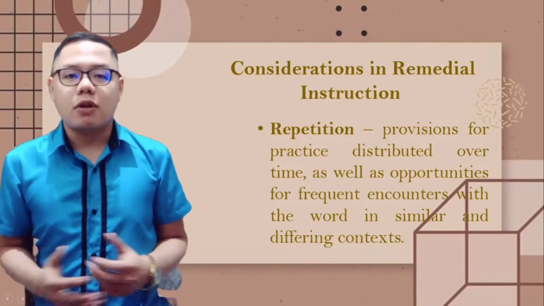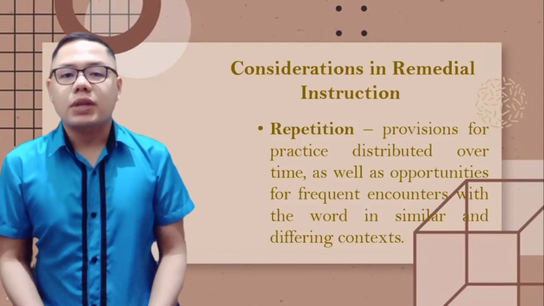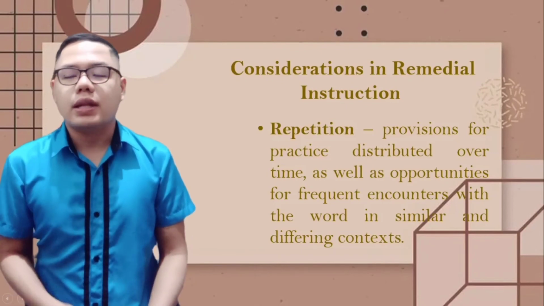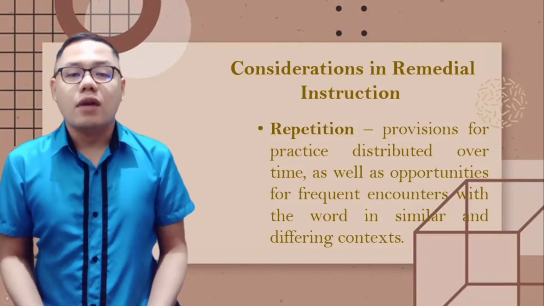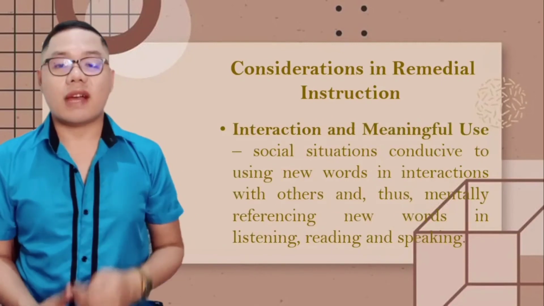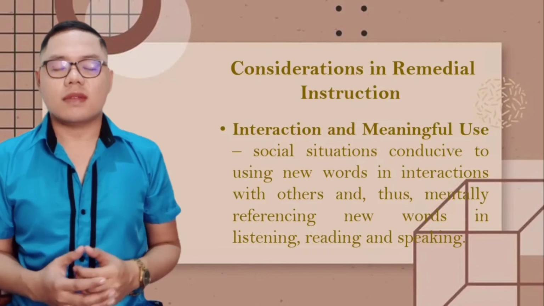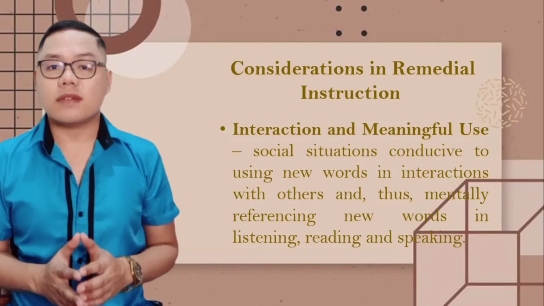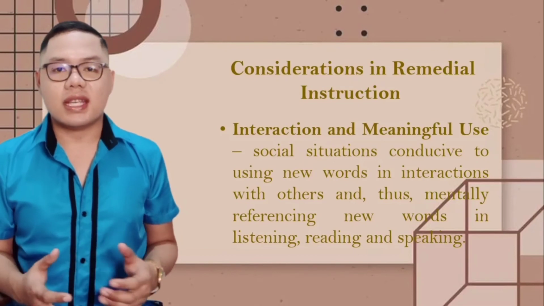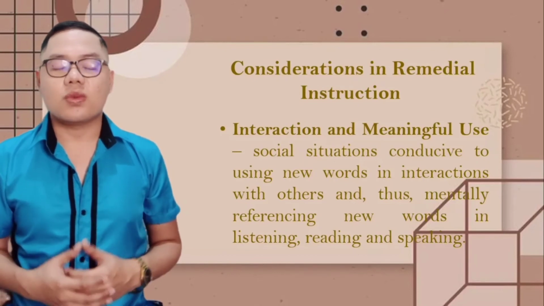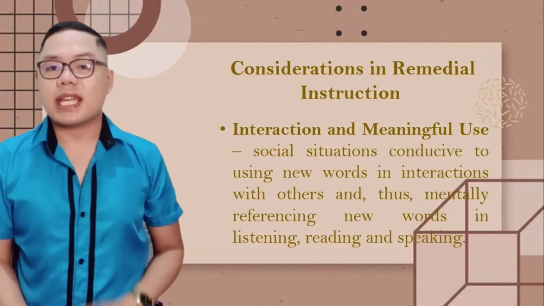So for example, by frequent reading and practice of the words, you will later internalize the meaning and uses of the words. So number 4, we have interaction and meaningful use. So social situations conducive to using new words in interactions with others and thus mentally referencing new words in listening, reading, and speaking.